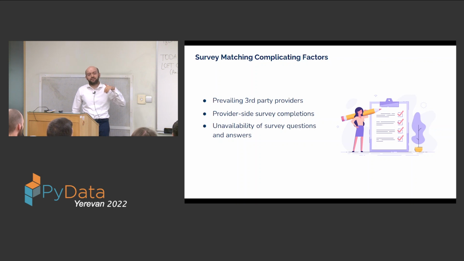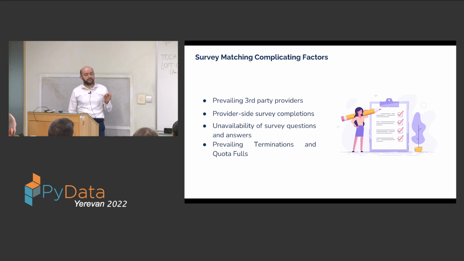So only whenever they go and complete the survey there, we get a response. This user completed this survey. This user is disqualified or went quota full, and some other statuses. There are dozens of them. That's not important. And in our case, we have a lot of terminations and quota fulls in the industry.